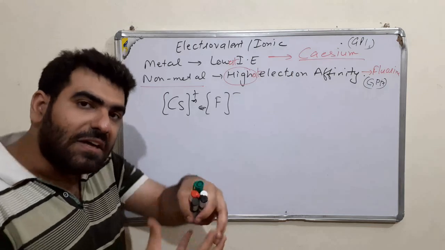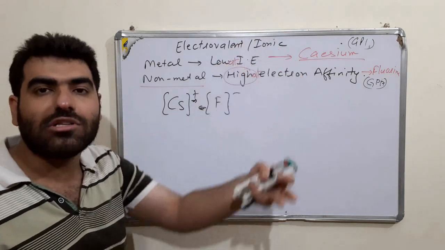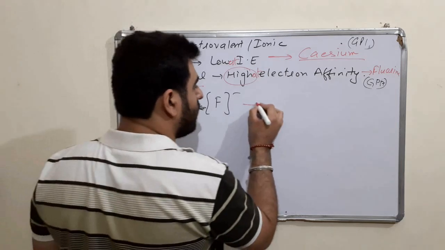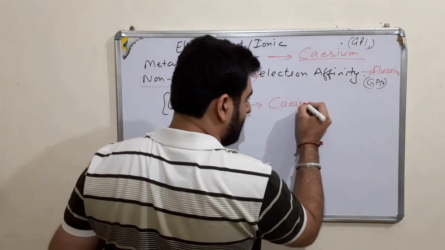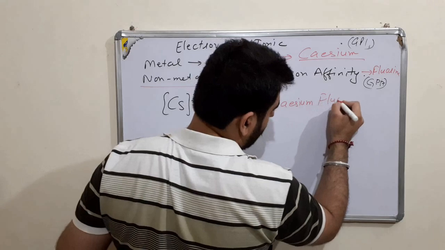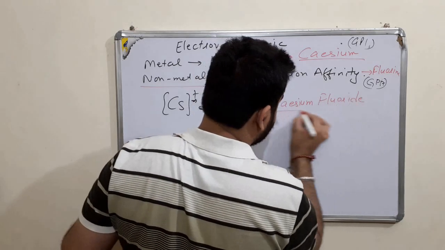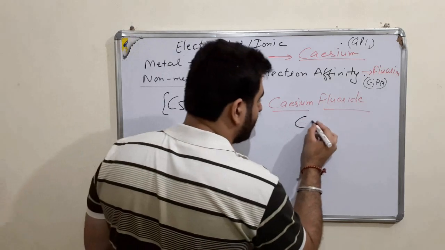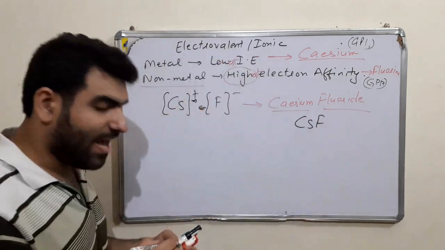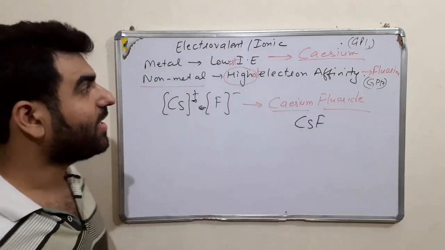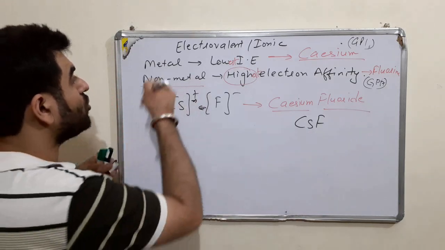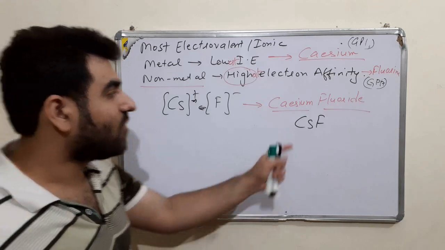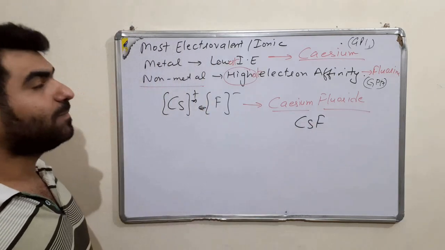If these are the cases, the electronegativity difference would also be highest. So the compound formed would be cesium fluoride, written as CsF. So this was the most ionic bond, cesium fluoride.